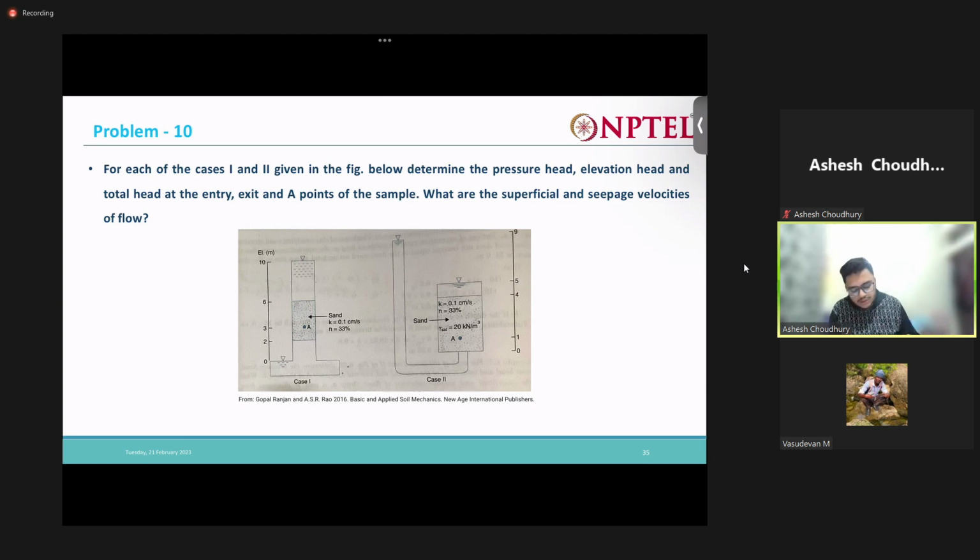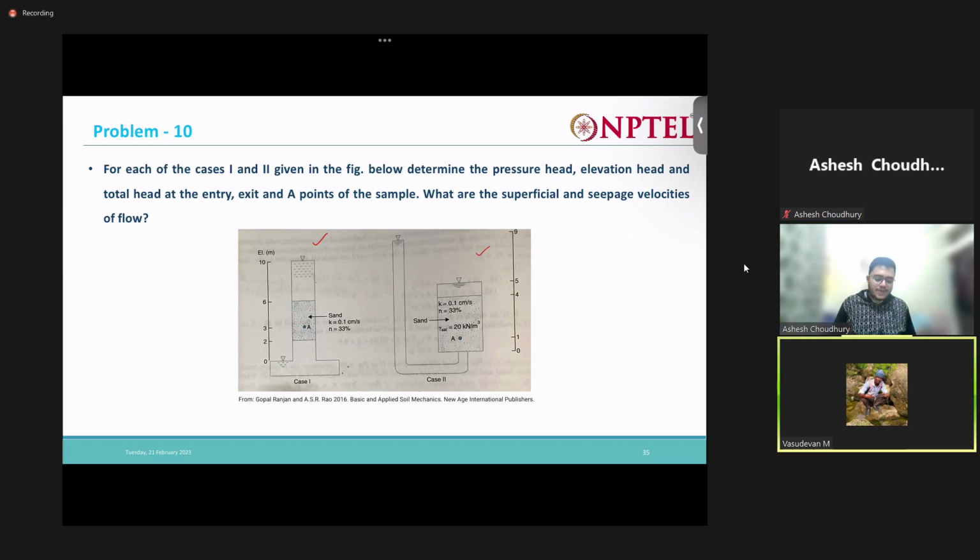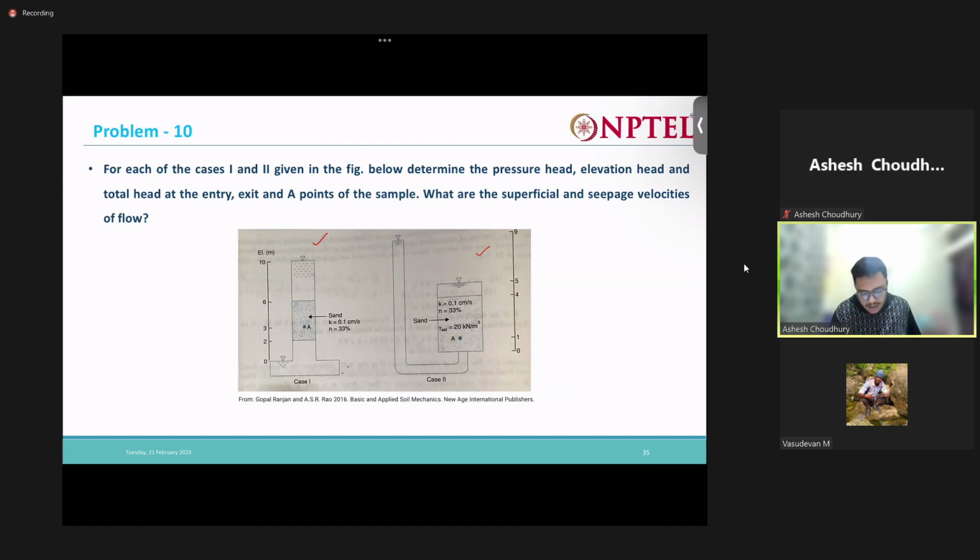So these are the two cases that are given to you. This is the first case, this is the second case. For each of these cases, we need to determine the pressure head, elevation head, and total head at the entry point, exit point, and the A point, for both the samples.